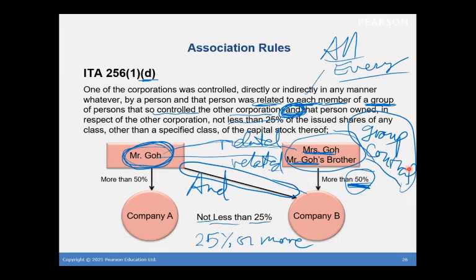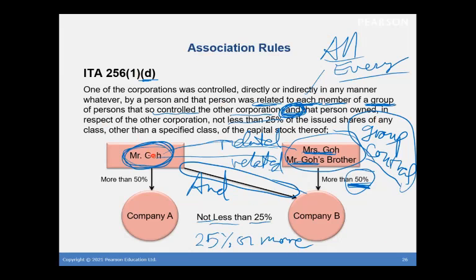But Mr. Go is not related to everybody in that group under that scenario. So that would be the little piece that's missing. You have to have all of the elements in order. It has to be perfect in order for the rules to kick in.